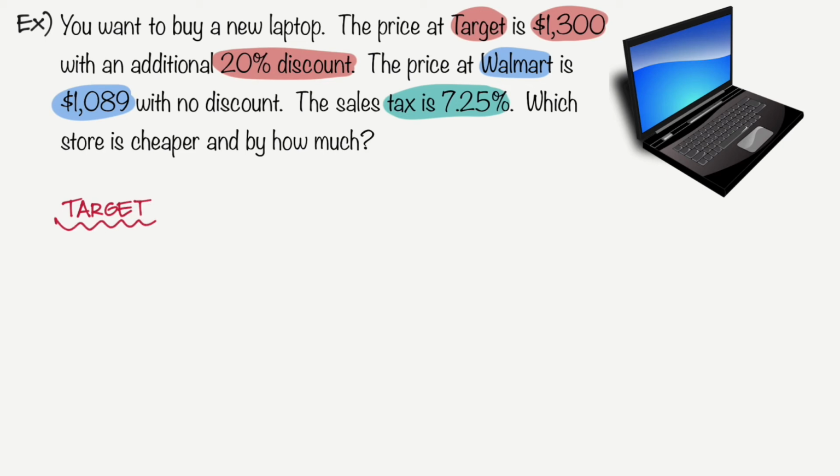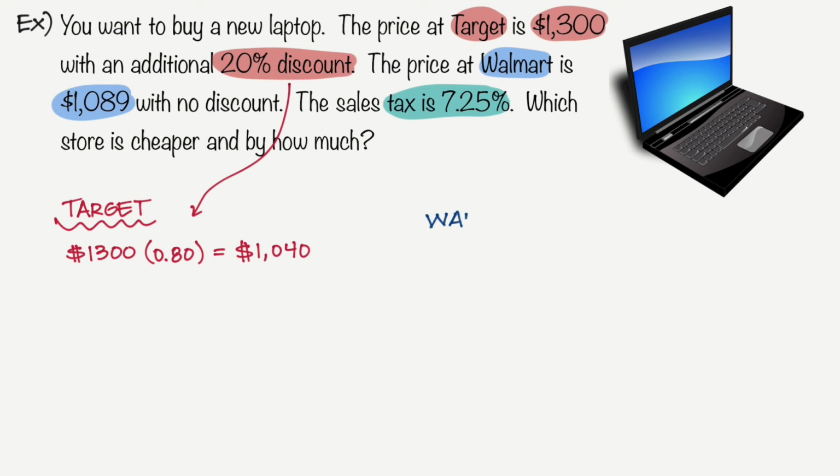So I'm going to start with Target. Target, we know, is starting at $1,300, but we want to take off 20%. Okay, so I'm going to find that discount, which means I just want to find 80% of that price. So I'm going to multiply by 0.80, and that's going to give me a price of $1,040.